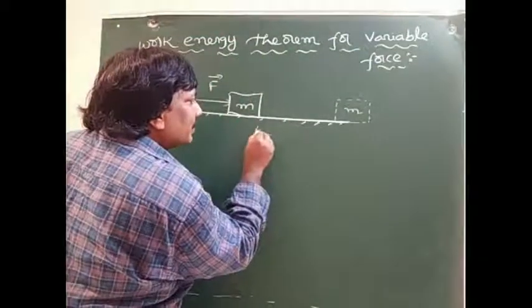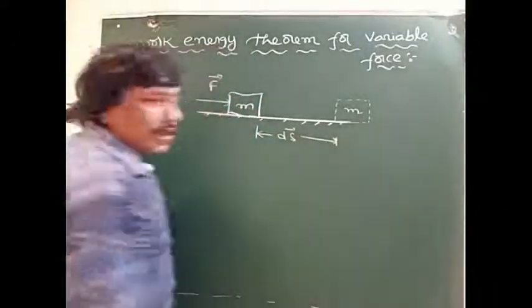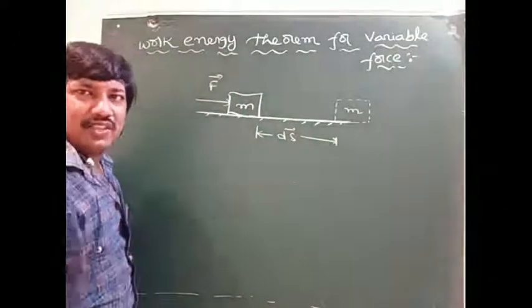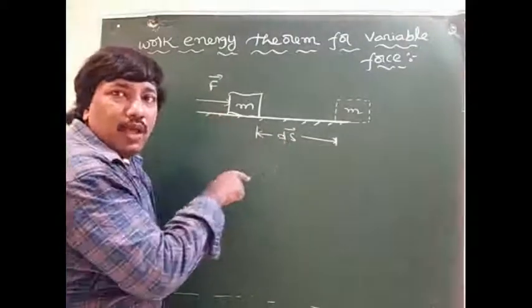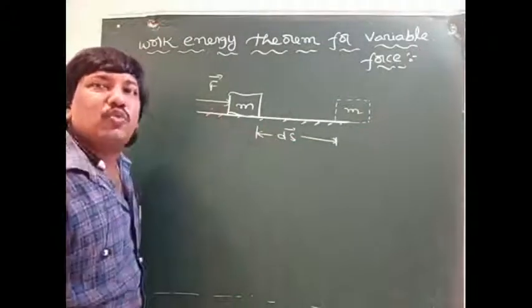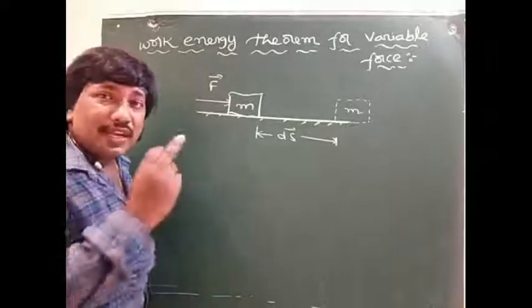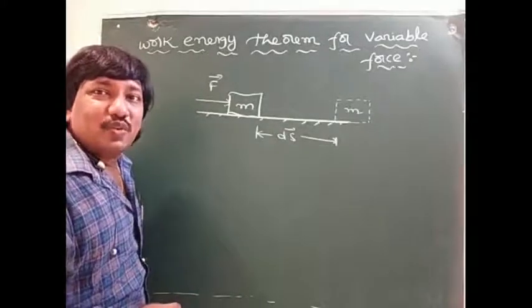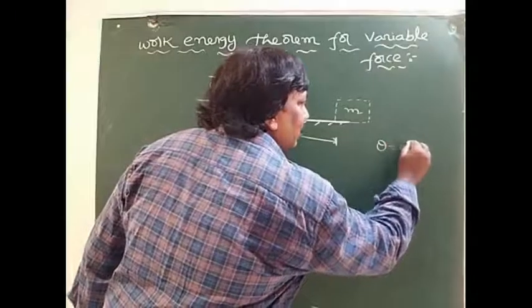This is the displacement covered by the body in its own direction. So here F bar and ds bar are along the same direction. These are two parallel vectors. We know that the angle between any two parallel vectors is equal to 0. So here theta equals 0 degrees.